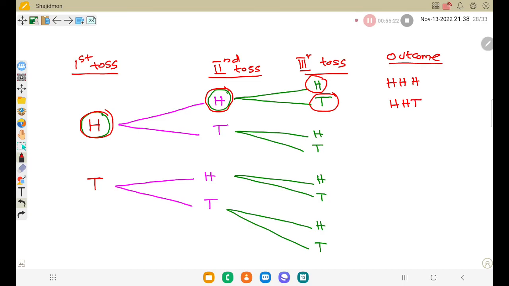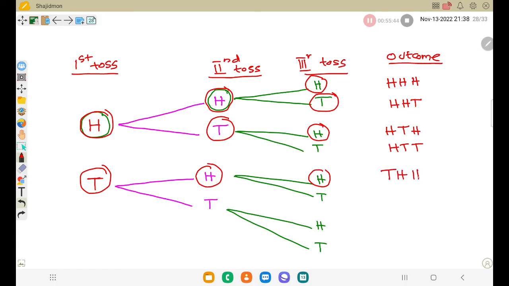Always draw a tree diagram for questions like these. Then head, tail, head. Then head, tail, tail. Then tail, head, head, correct? Then tail, head, tail. Then tail, tail, head.